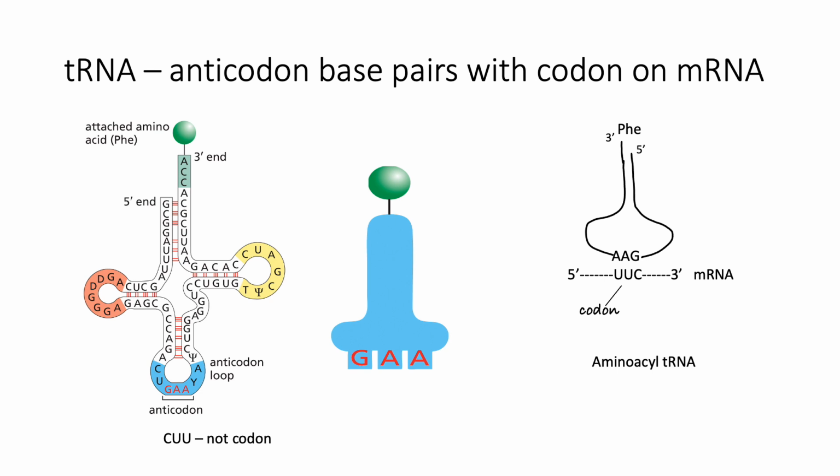Often there are unusual nucleotides in these transfer RNAs, which are not found in other RNAs or DNA molecules. And you can see some Greek symbols representing some of these unusual nucleotides. They just have slightly different bases attached to them.